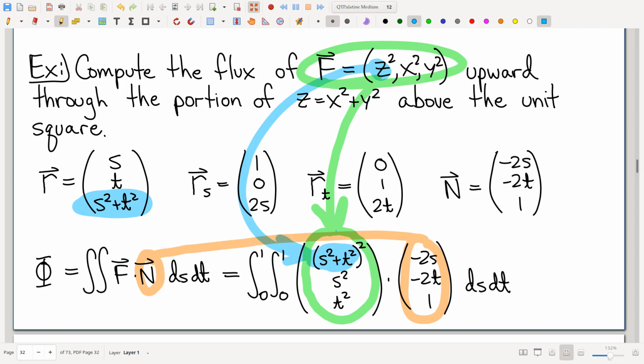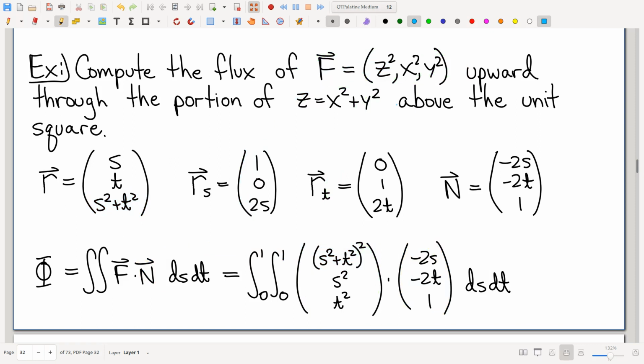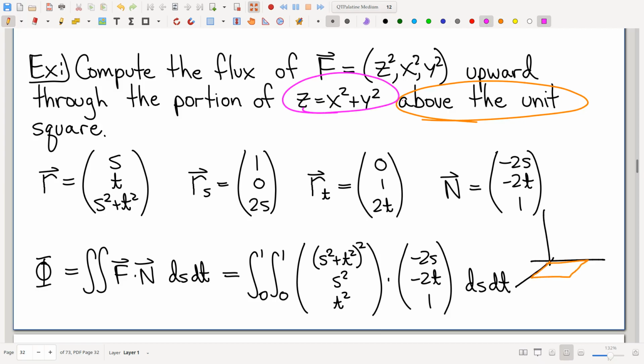All right, now the last thing to talk about, what's the range of values for s and t? I've got my bounds right here. A super quick little picture. It says the part above the unit square. The unit square is down here like this, and we've got our surface. It's a little hard to draw something like that. We're looking at the part of the paraboloid sitting over that square.